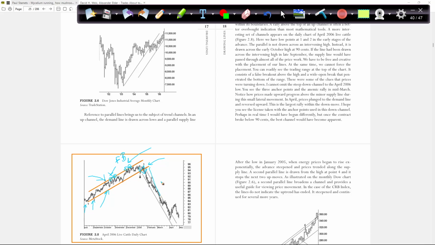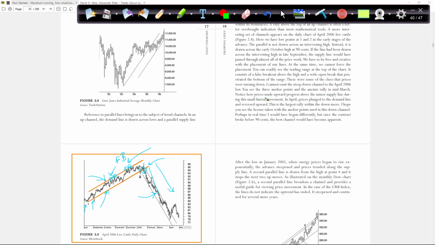Prices were definitely turning down, and I cannot omit the steep down channel to the April 2006 low. You can see the three anchor points and the anemic rally in mid-March.